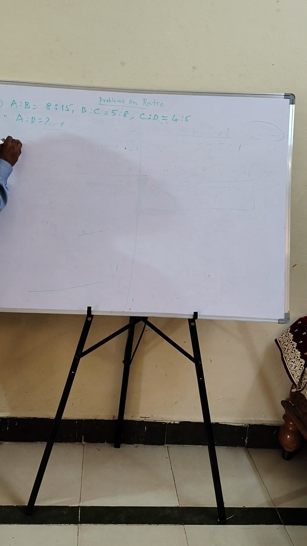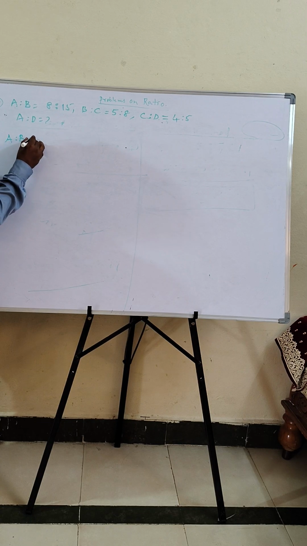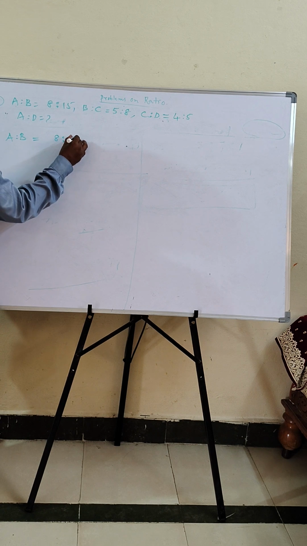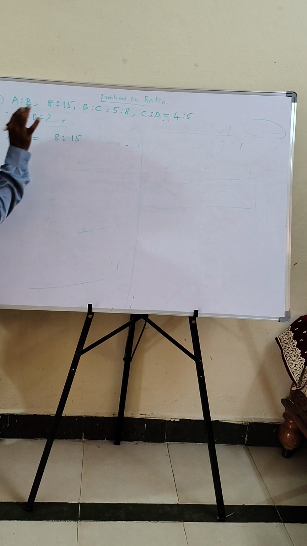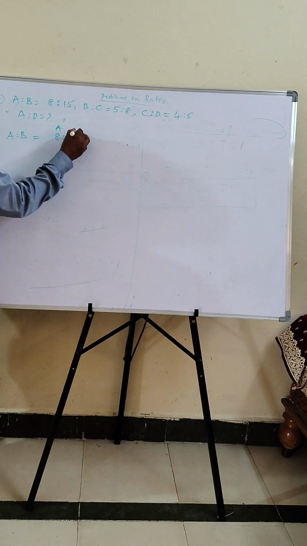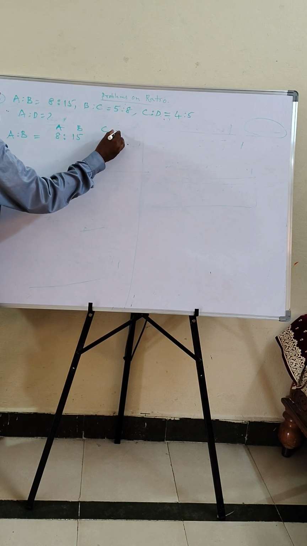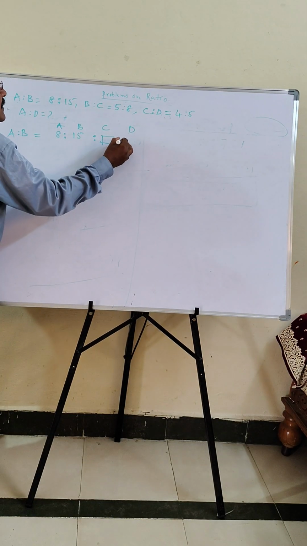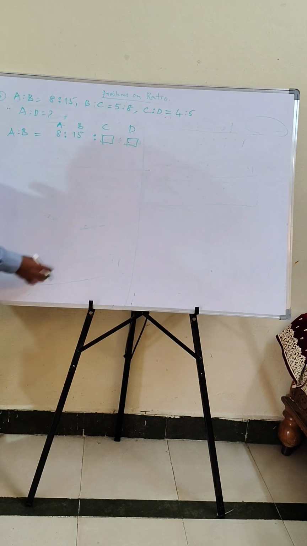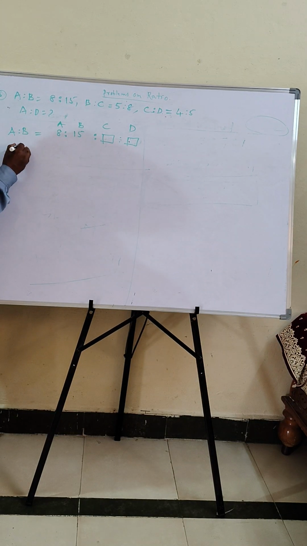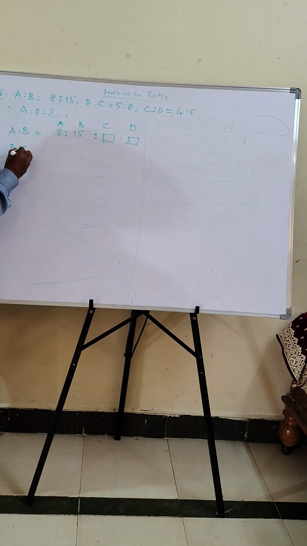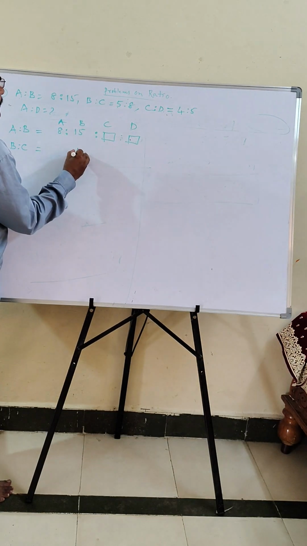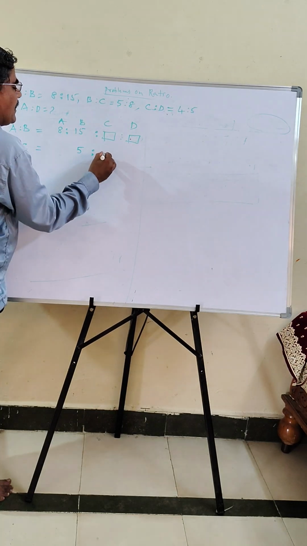Therefore, A is to B equal to 8 is to 15. We want 4 factors, A, B, C, D. There is no C, there is no D yet. Then B is to C equal to, here B value given 5 is to C value 8.